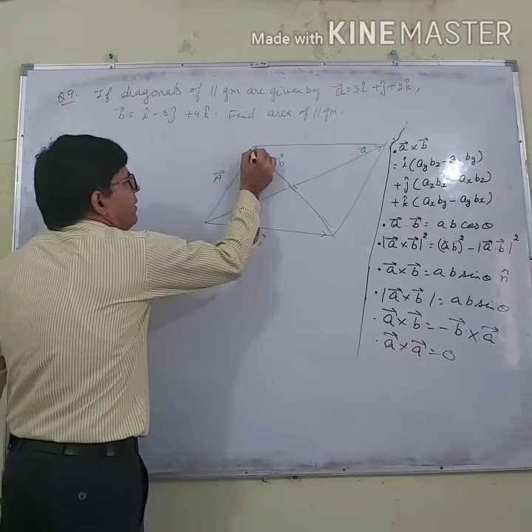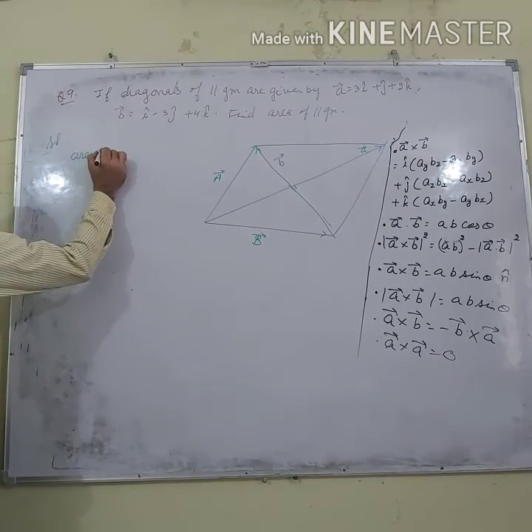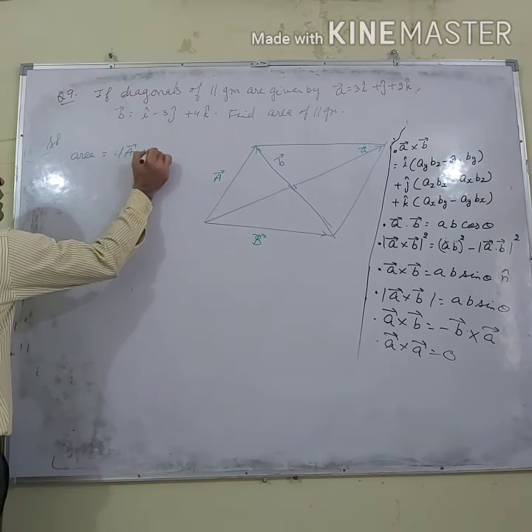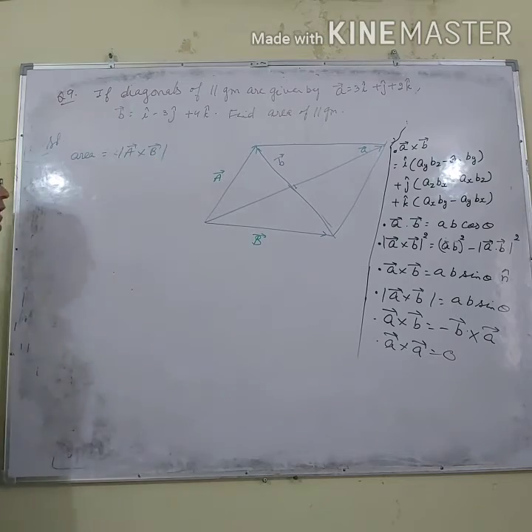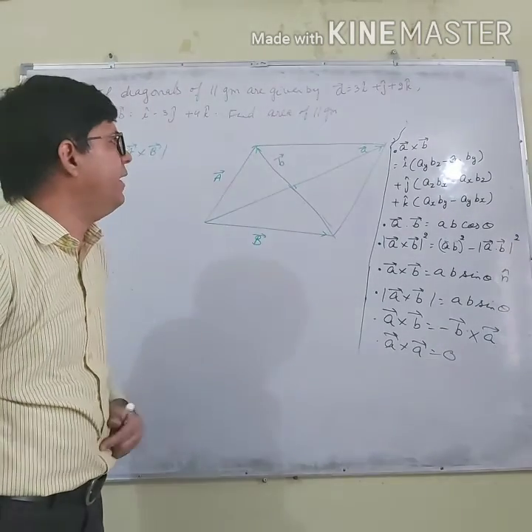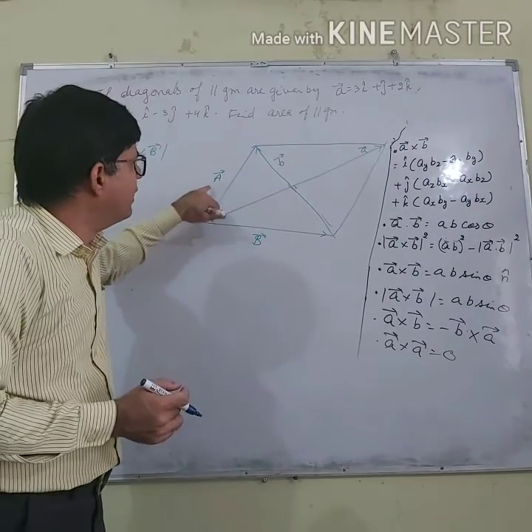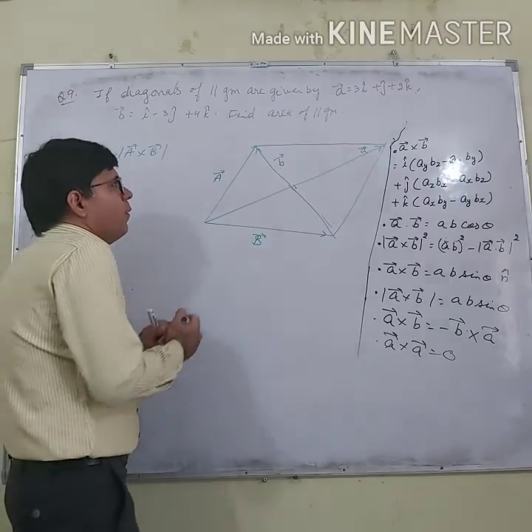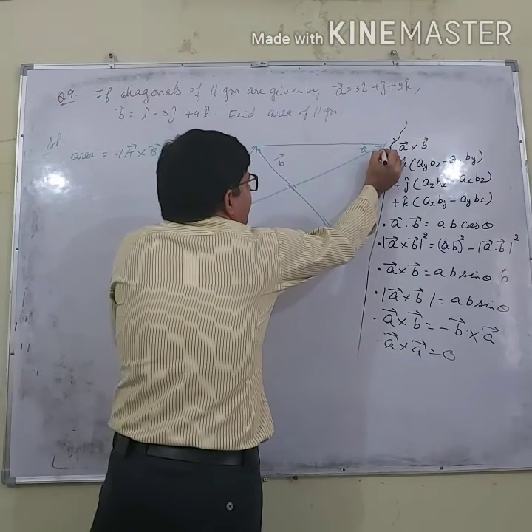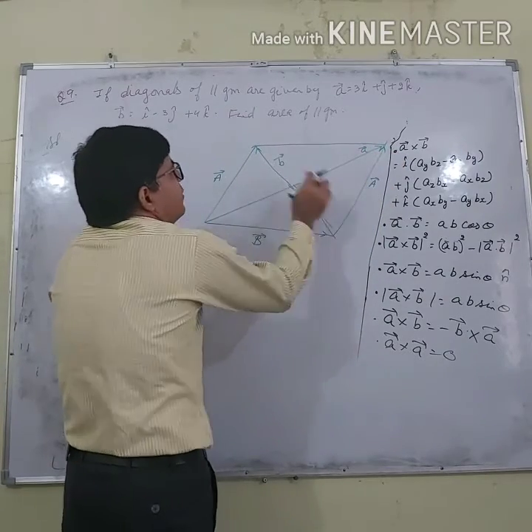If I say so, then what is the area of the parallelogram? The formula of the area of the parallelogram is magnitude of A cross B. But here I am not given A and B. I am given just vector a and vector b. How can I find this? It is very simple to find vectors A and B. Look, in this triangle, this is also vector A because it is the opposite side of the parallelogram.